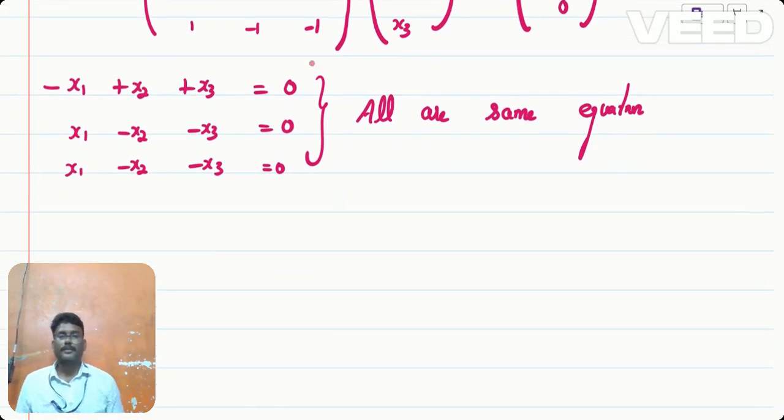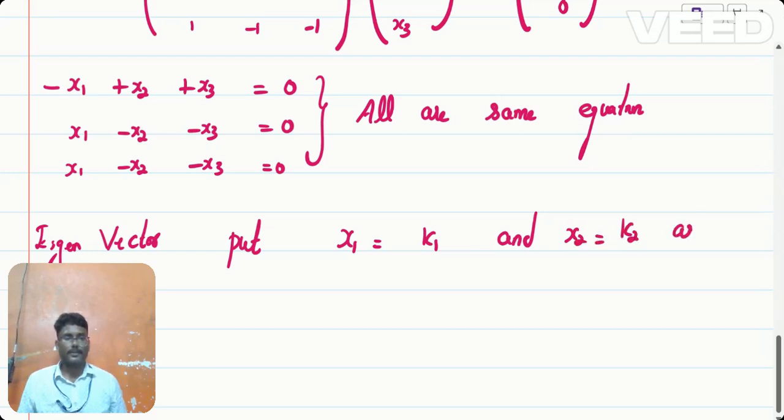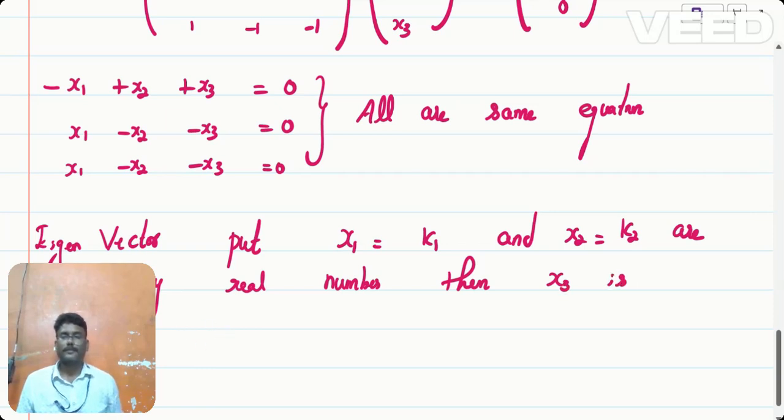So the eigenvectors are: put x1 is equal to k1 and x2 is equal to k2, any real numbers. Then x3 is equal to k1 minus k2.